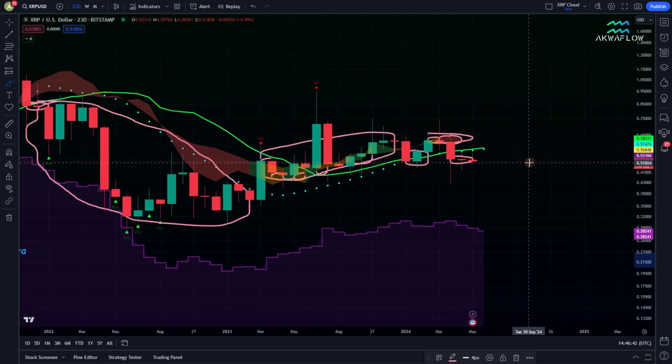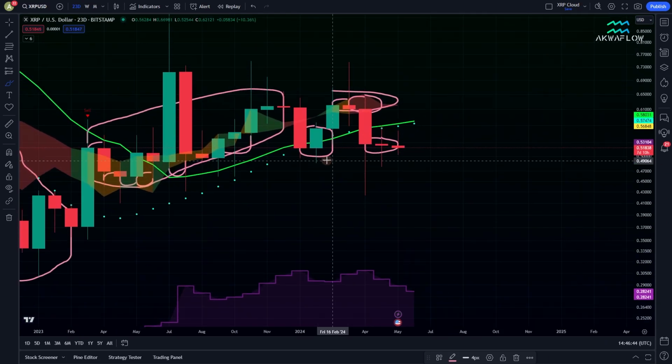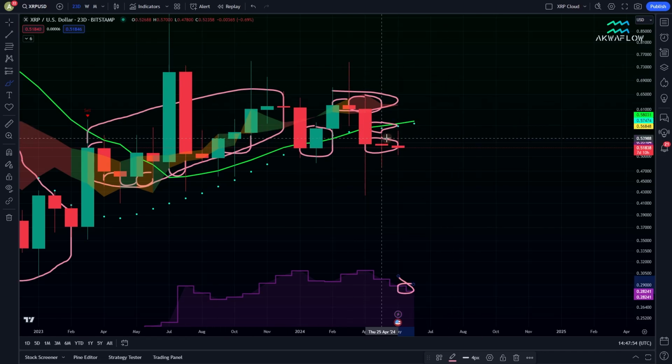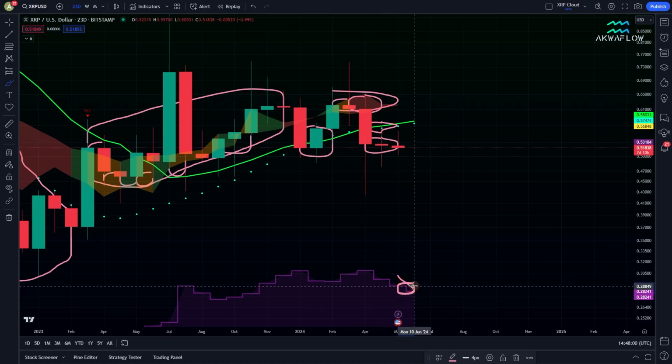So the current situation is pretty different because we have both the green line and the bull market support above us, and we use both as a strong resistance. That's why this chart is pretty bearish, and if you are looking for a price, if we ever go down like crazy, it would be around 28 to 29 cents.